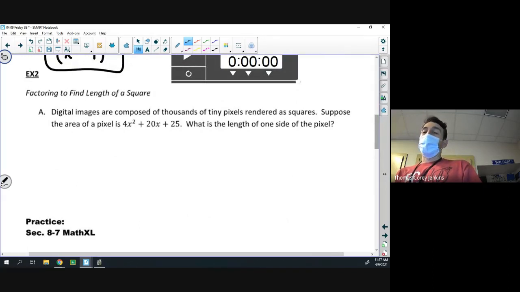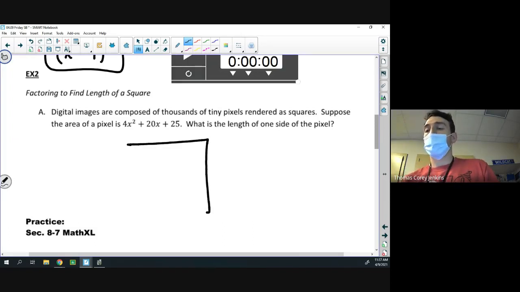All right, so how would one of these look in a word problem? Okay, so if you look back at our 8.5 notes, we have a really similar one to this. It says digital images are composed of thousands of tiny pixels rendered as squares. Suppose the area of a pixel is 4x squared plus 20x plus 25. What's the length of a pixel? So again, they're telling us the area.